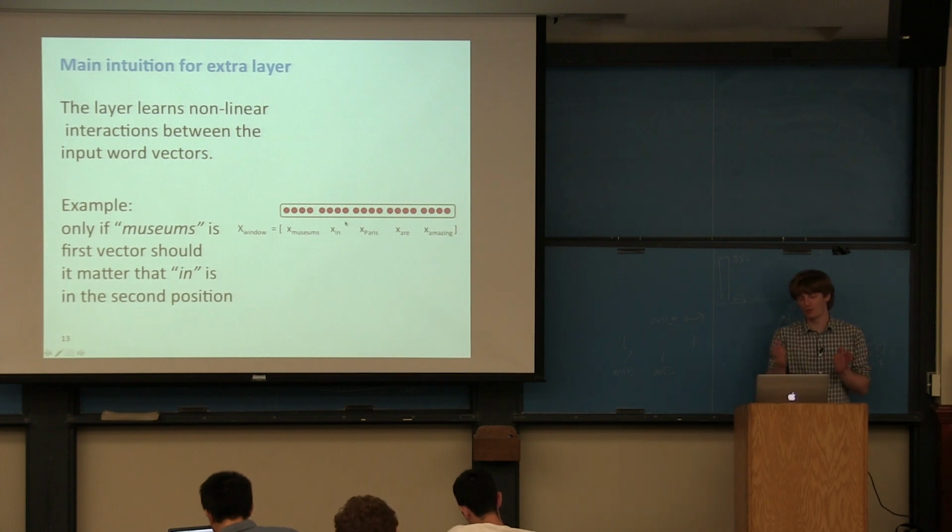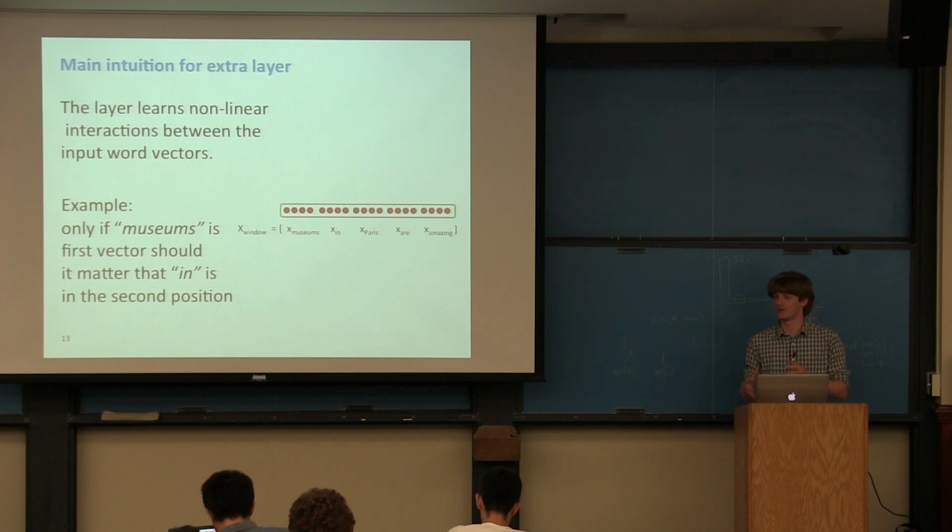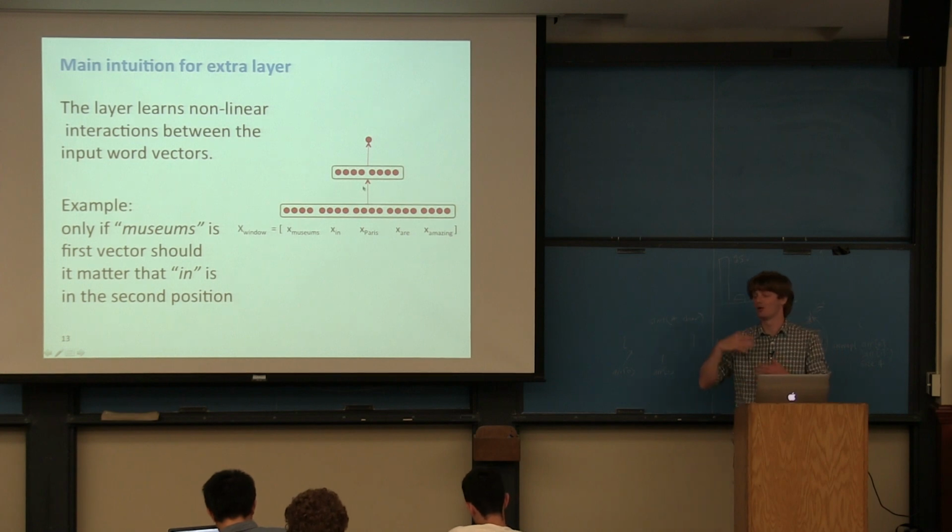But really what you might want is interactions between words in different positions. Maybe you only care about the second position if in the first position you've seen a word vector like museums. So the hidden layer allows these input vectors to interact in certain ways, and only activates the high-level feature for the overall scoring if you have a combination of things in your inputs.